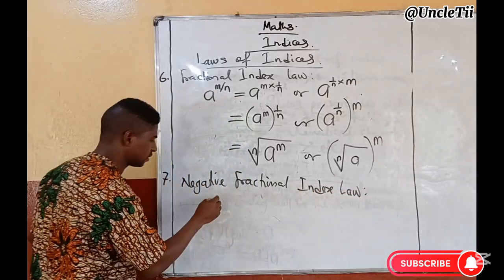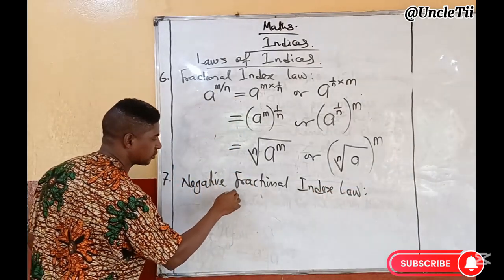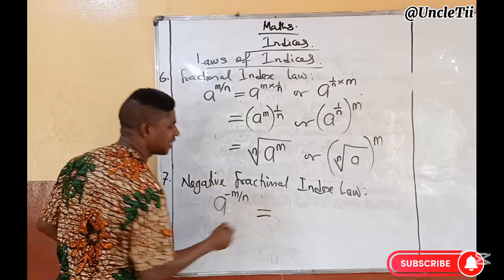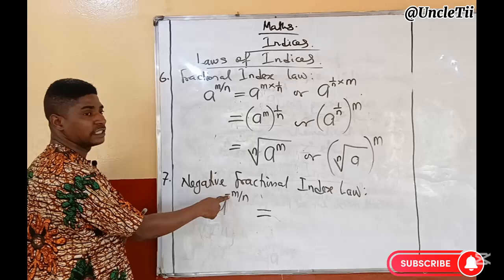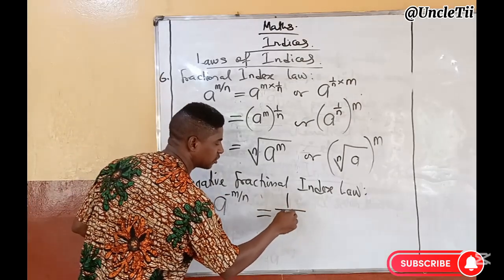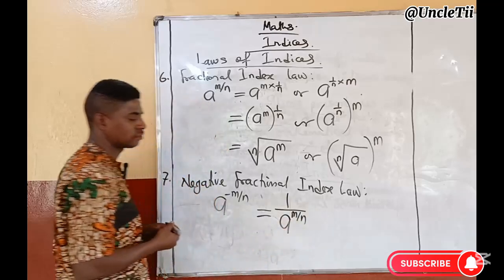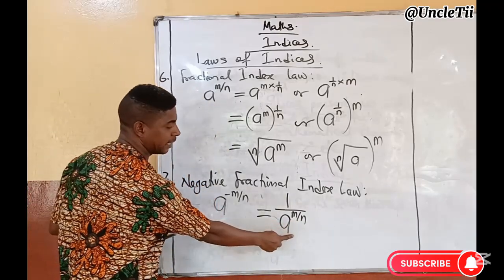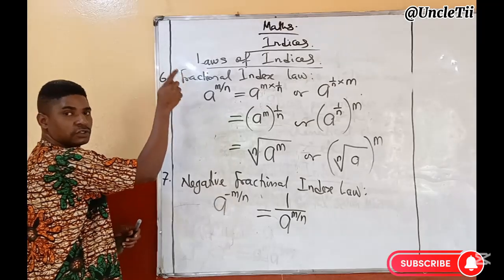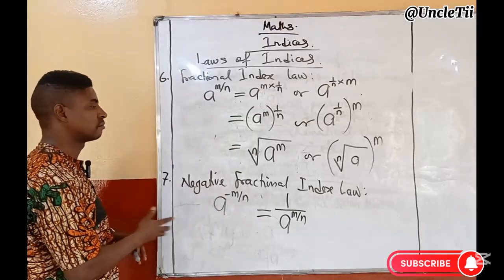It looks like this. They are saying a raised to power minus m over n. What is the first thing that you have to do? Take care of the negativity in the index. That will give us reciprocal of a raised to power m over n. Of course, a raised to power m over n will now be dealt with using law number 6.